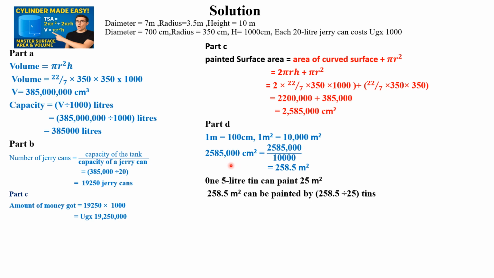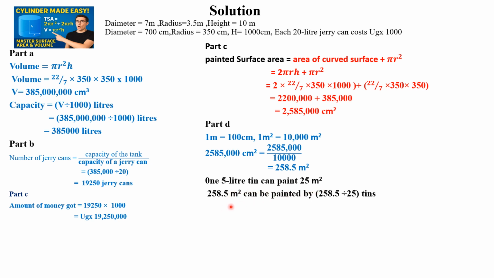So here we'll get my answer as 2,585,000 square centimeters divided by 10,000, and I'll get my answer as 258.5 square meters. Here they have told us that one 5-liter tin can paint 25.